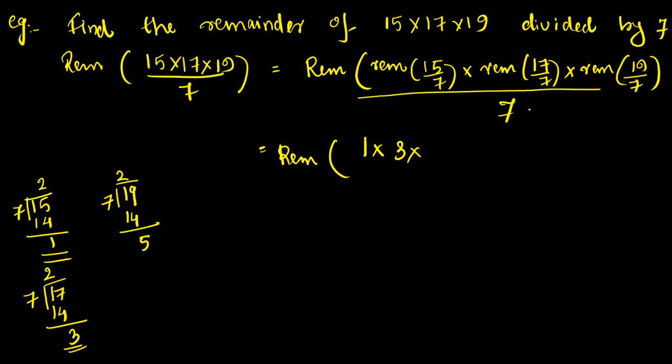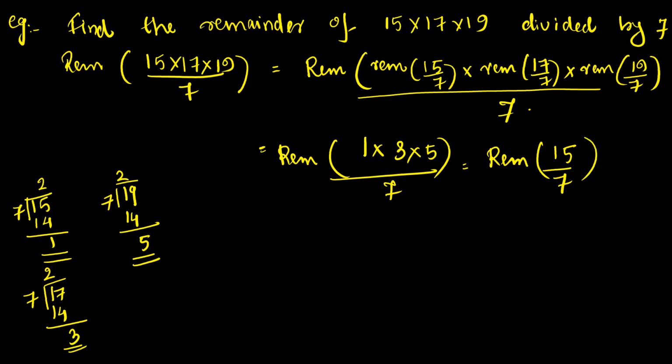The remainder is 5. So, this is 5 whole divided by 7. Now, we know that 1 into 3 into 5 is 15, and when 15 is divided by 7, the remainder is 1. So, the answer is 1. This is how we find the remainder of the expression 15 into 17 into 19 divided by 7.